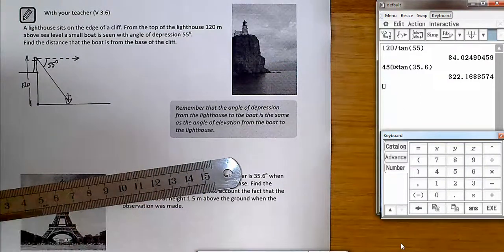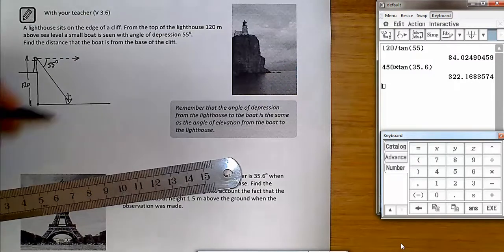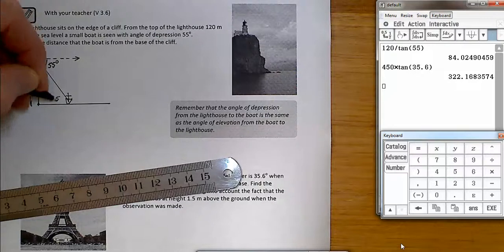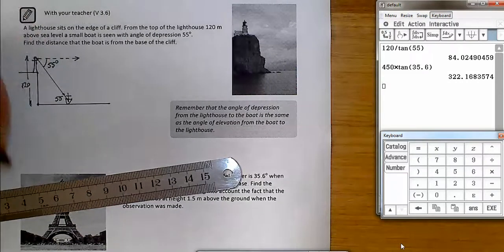Now when I'm given one of these questions, I will always change that 55 degrees because I know that the angle of depression from a person who's looking down from the top of the lighthouse is the same as a person who was in the boat looking up at the lighthouse. So someone looking in the boat, looking up to the top of the lighthouse, the angle of elevation will also be 55 degrees. So always remember that angles of depression and angles of elevation are always equal.